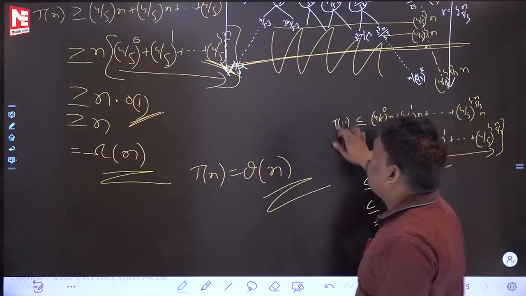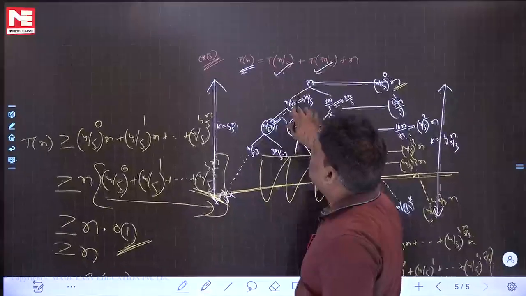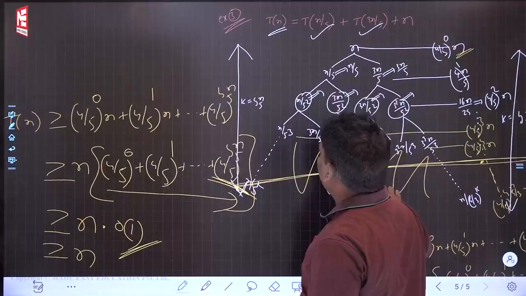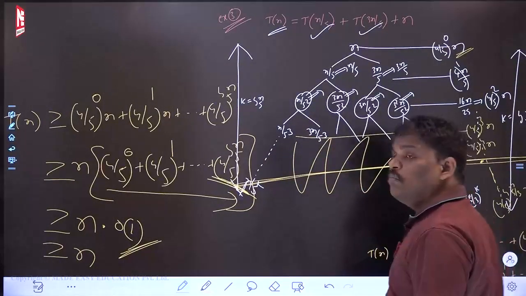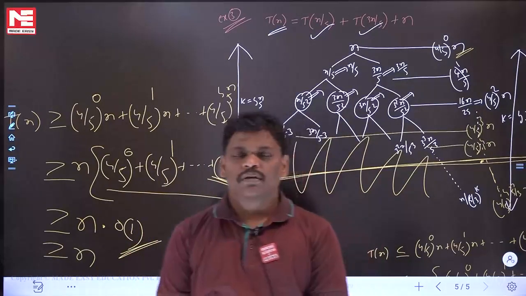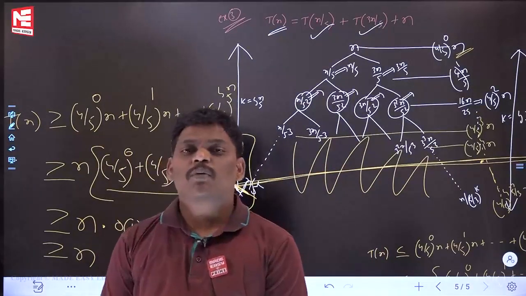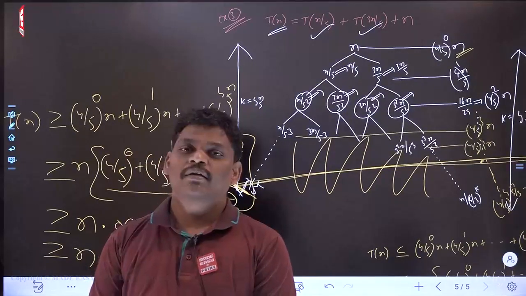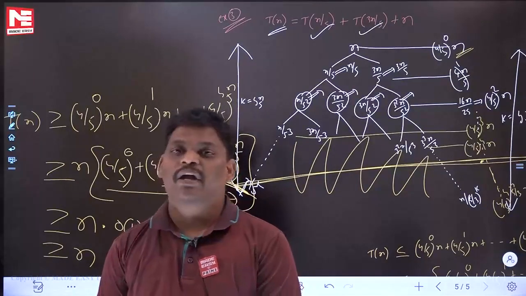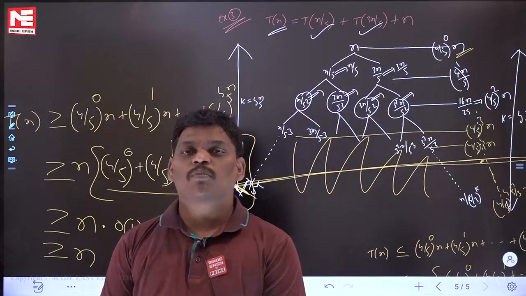So until now, I have done 3 problems. This problem's answer is n, and the previous 2 problems' answer is n log n, I think. Please check. Any small doubt, please ask. The first problem is almost similar to this one. The first problem was also unequally divided, and this problem is also unequally divided. But in the first problem, if you add every level's value, n comes.